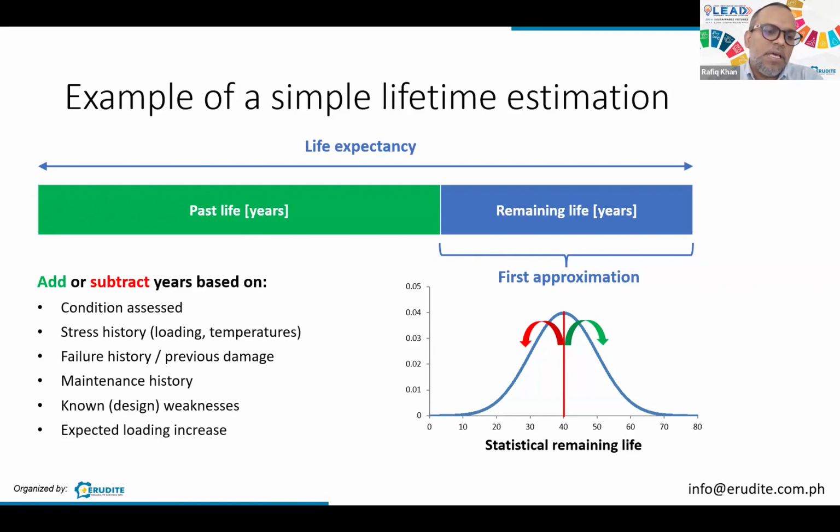For example, a manufacturer comes out with a new design, and this design is not really tested fully in the field yet. But then you start looking at it, and you know that there are certain design weaknesses, and they need to make improvements. This is an area of interest nowadays with more cost-efficient production. So you look at this as well.